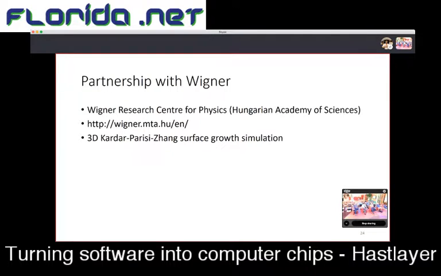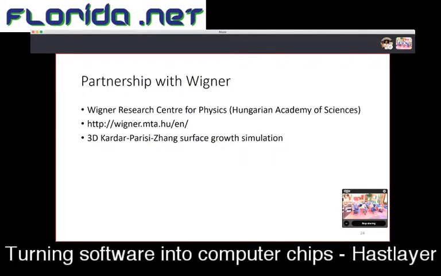And the first thing that we are working on is something called 3D KPZ surface growth simulation. This is a quite curious algorithm. It's basically an algorithm that can predict how the surface of a material can change over time.